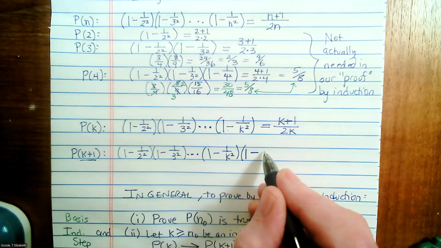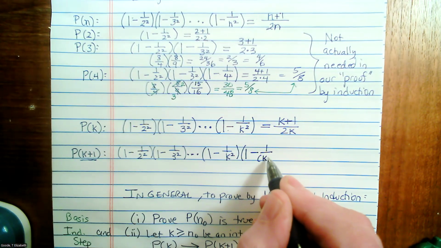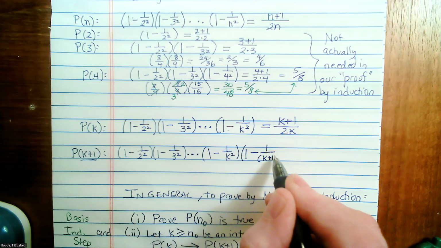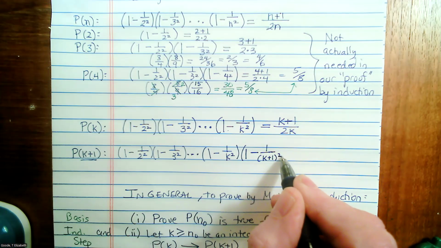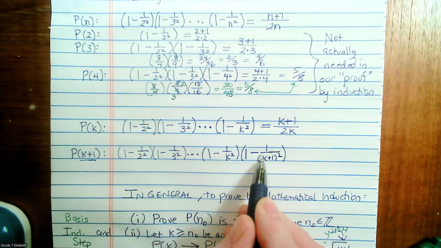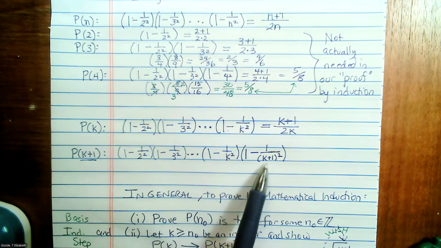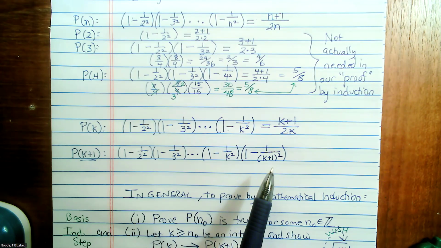So then would it be 1 minus 1 over k squared plus k plus 1? It's 1 minus 1 over k plus 1 quantity squared, because the k plus 1 is the n, and the n is what's getting squared down here. See it?